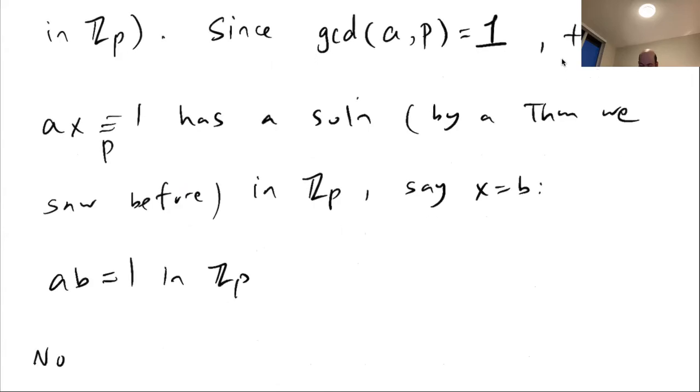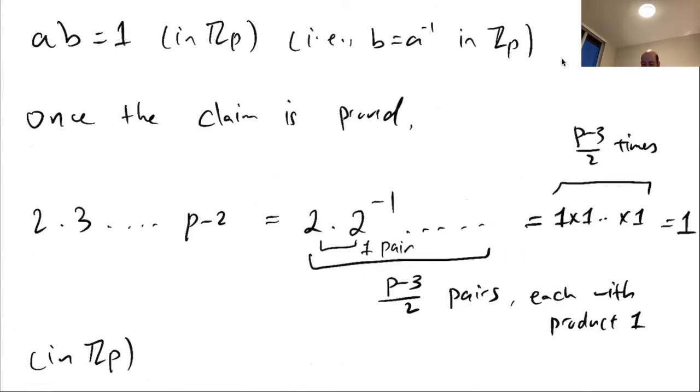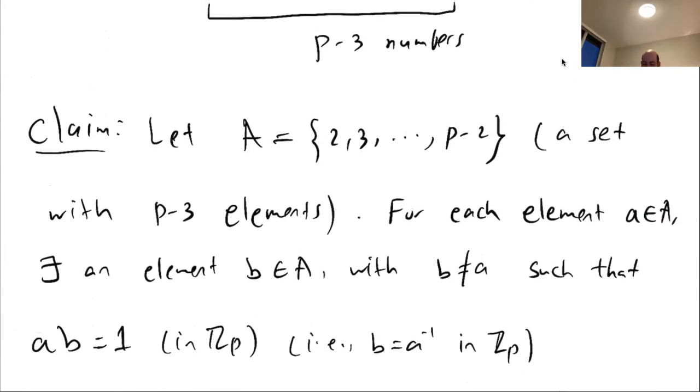Now note, there are a few things that still have to be proved. First of all, B is the inverse of A because AB is 1. But we said that the inverse has to be in the set A itself. And what was the set A? A consists of almost all the elements except 1 and minus 1.